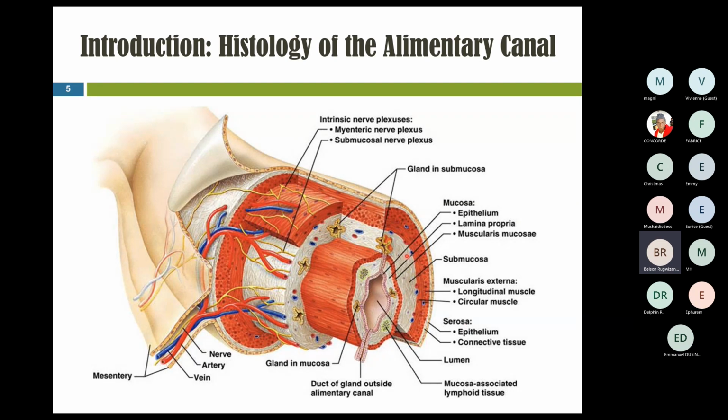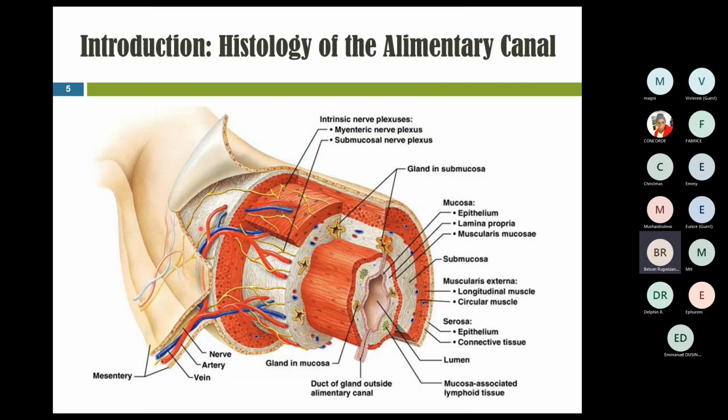For example, in the small intestines, ileum, duodenum, and jejunum, they can look the same, but there are some differences. The villi are larger in the jejunum, and the duodenum has some glands inside the submucosa, which is unusual. We call them Brunner's glands. So when you see them, you know exactly that you are dealing with duodenum, not the ileum or jejunum.